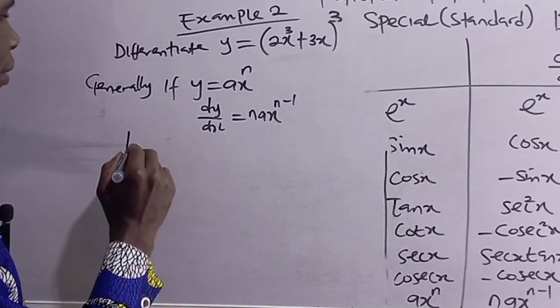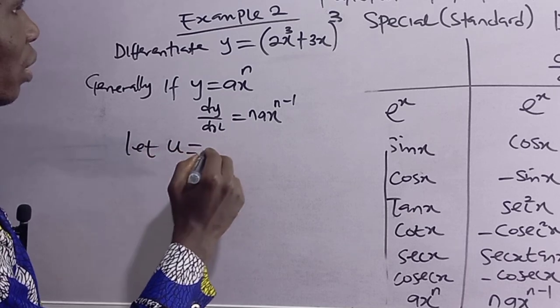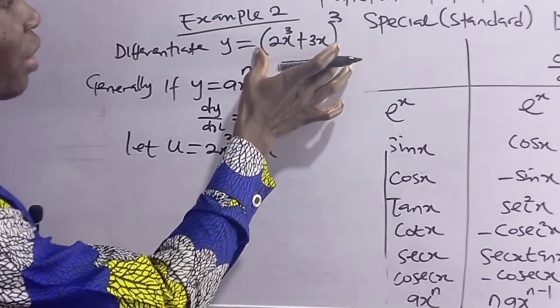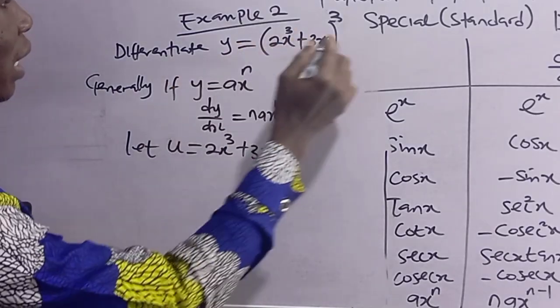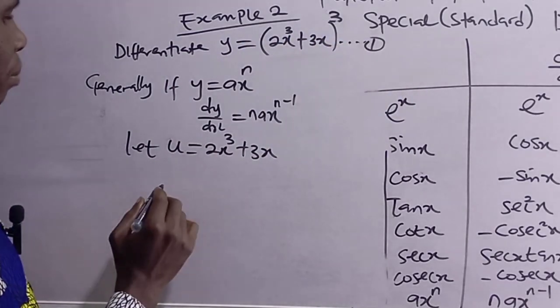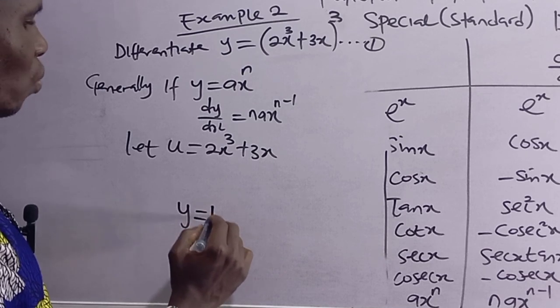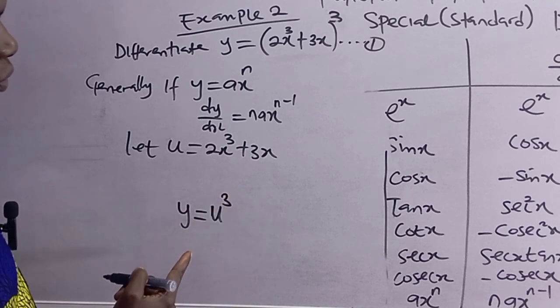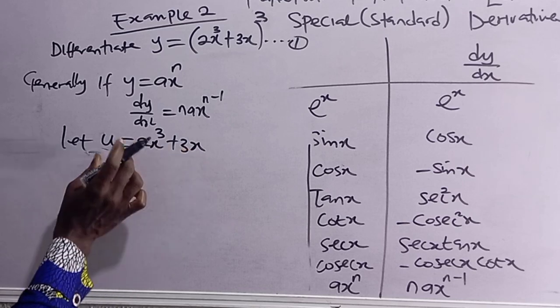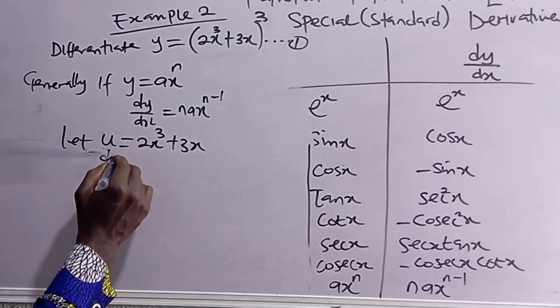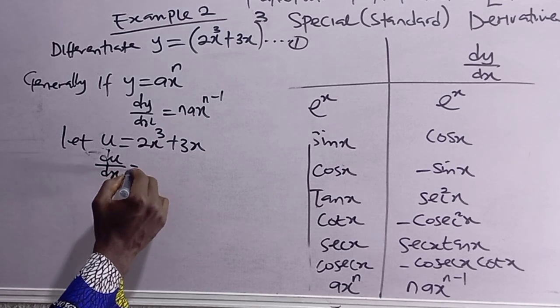We can say let u is equal to 2x cubed plus 3x, so that this equation 1 can be the same as y is equal to u to the power of 3. Here, u is a function of x, and we can differentiate u with respect to x, and that gives us du all over dx.